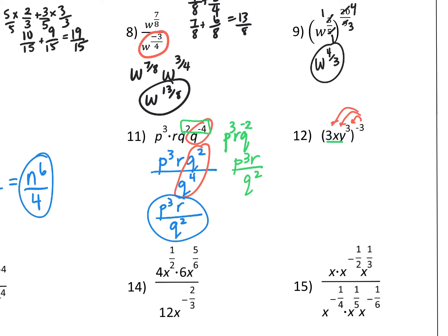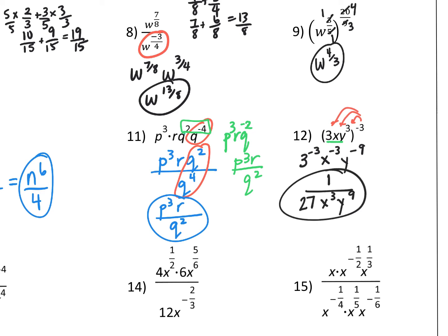So I have 3 to the -3, x to the -3, y to the -9, because 3 times -3 is -9. Now those are all negative, so they're all going to go down to the bottom. 3 to the +3 is going to become 27, x to the +3, y to the +9, and I have a 1 on top. So I've got no negative exponents and no duplicate bases, so I'm done.